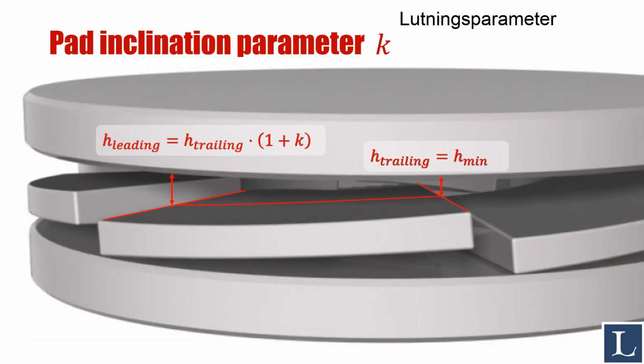Now this maximum load carrying capacity that occurred for a value of K equal to about 1.5 means that the leading edge film thickness is actually 1 plus 1.5, i.e. 2.5 times the trailing edge film thickness. For example, if the trailing edge film thickness is 10 micrometers, then we will have 25 micrometers on the leading edge.